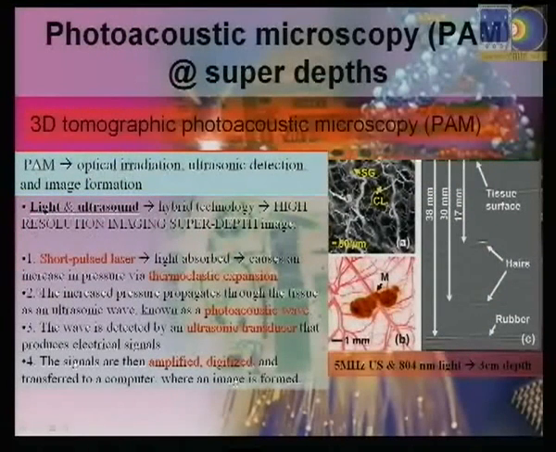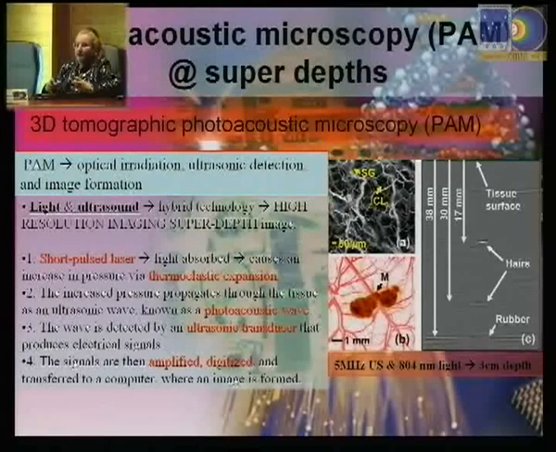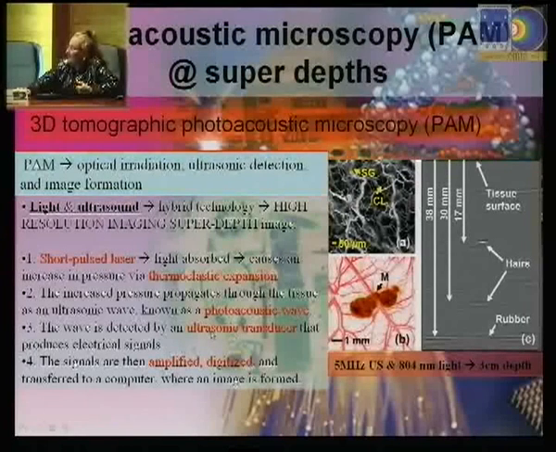This is based on the fact that if you use a very short pulse laser on a tissue, you get a vibrating wave from the tissue, a thermoelastic expansion or photoacoustic wave, which can be detected by an ultrasound probe.